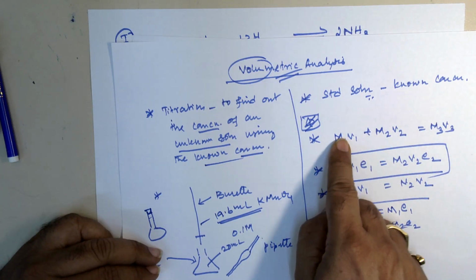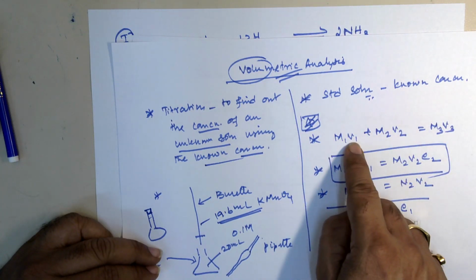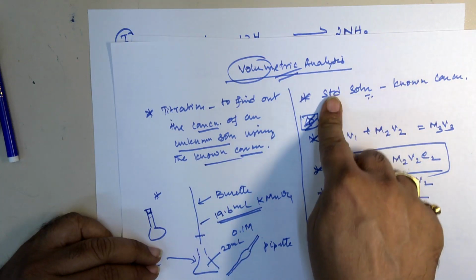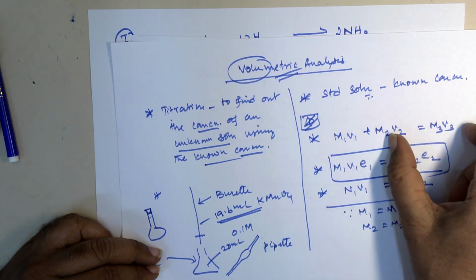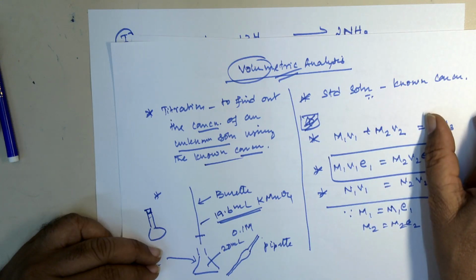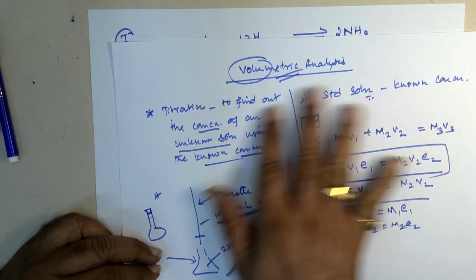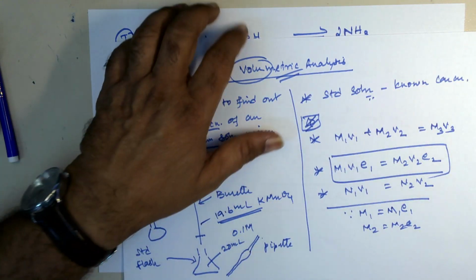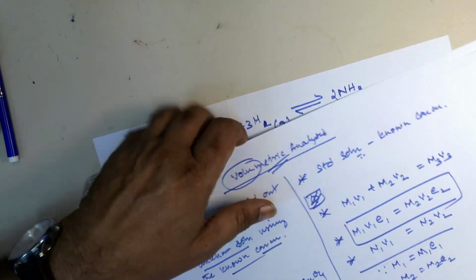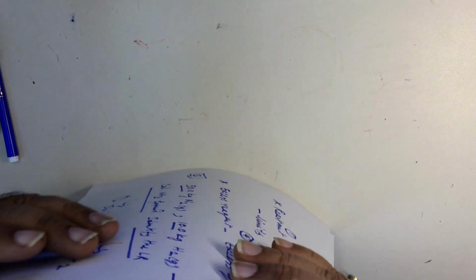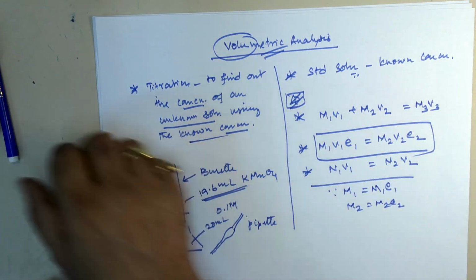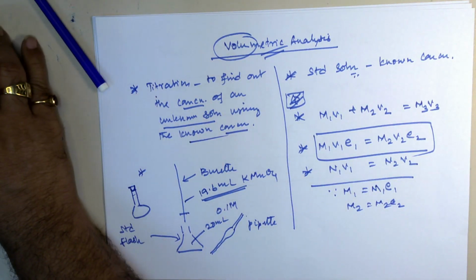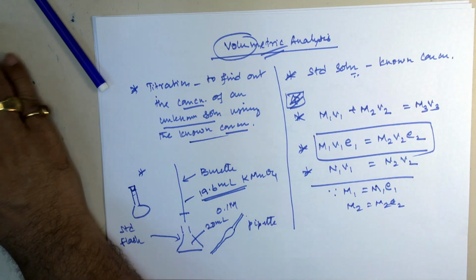So this is the dilution formula, M1V1, of one concentration, and when it is further diluted, the diluted solution will have the third one. Likewise, this kind of titration technique is very useful in determining unknown concentrations. I will give you some worksheets based on titration.